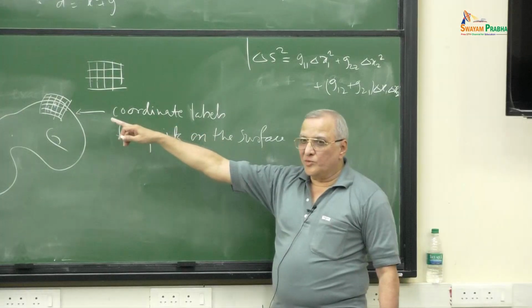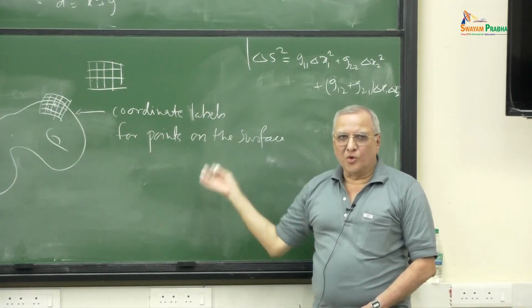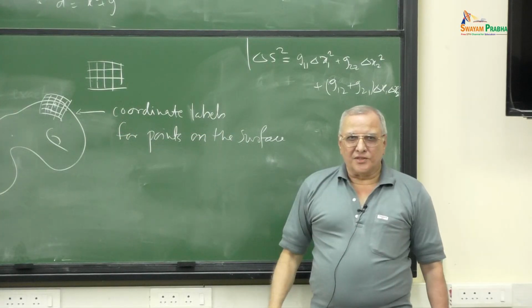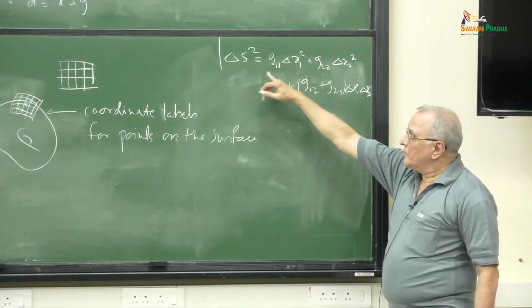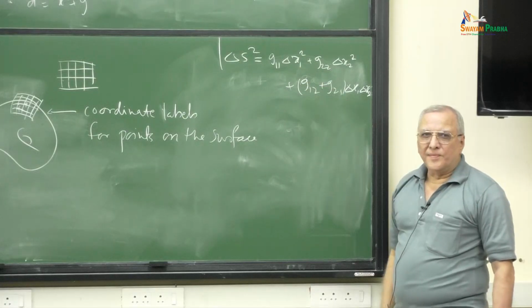I can get the coordinates, but I don't know how to write the rule to go from coordinate differences to the distances, that I don't know. But I know from previous examples that the relation between these is always quadratic.